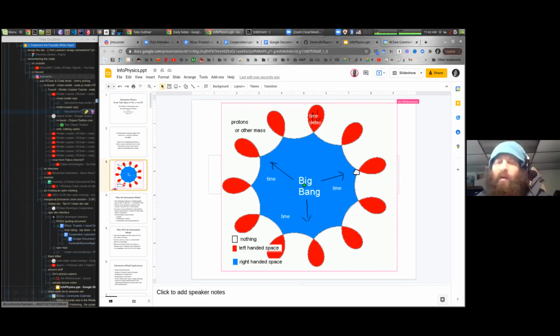Now, to get back to your question, the toroid is a more accurate representation, but it's impossible to draw. Maybe you can draw it, but certainly we've had the vision of a toroid.